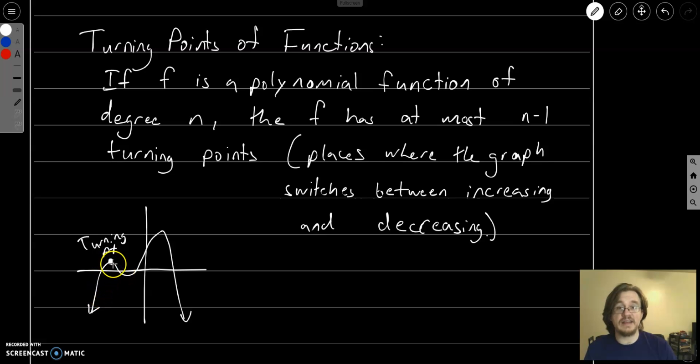It's going up, and then it comes down. Here is another turning point, because we're coming down, and then we're going up. It's anytime we're switching directions. And we'll see that we have a third turning point up here, which we're going up, and then we're coming down. So there are 3 turning points here.